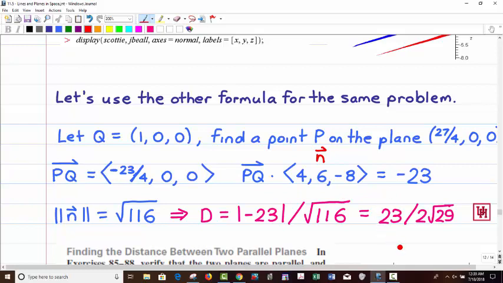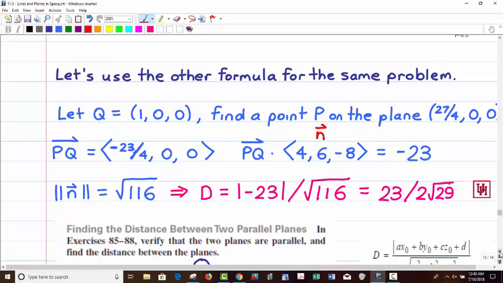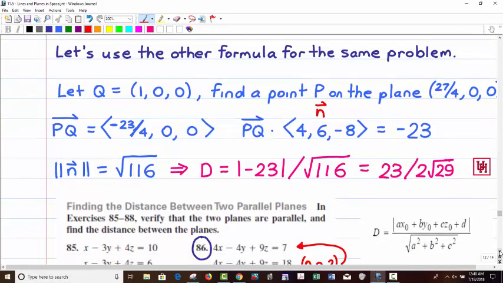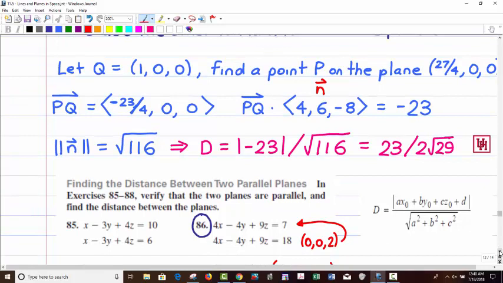So you could do it that way too. Both formulas work for this problem, mainly because they're parallel planes, of course, that's the reason.